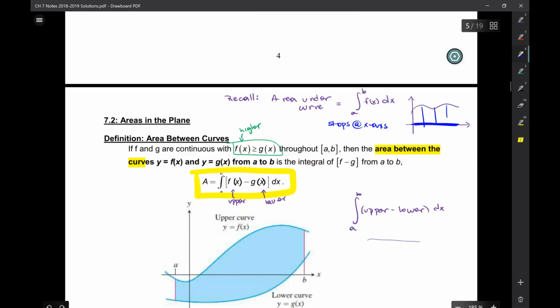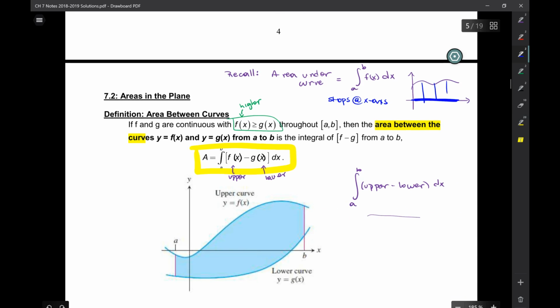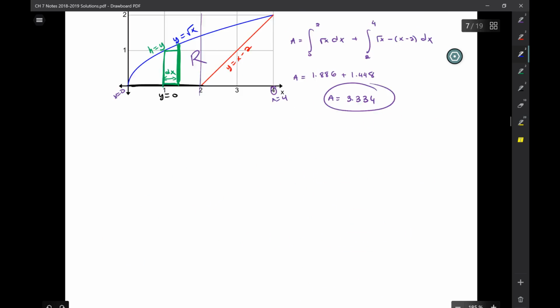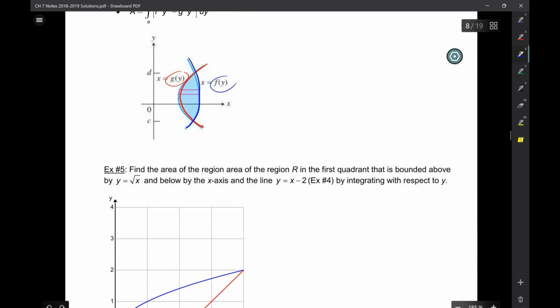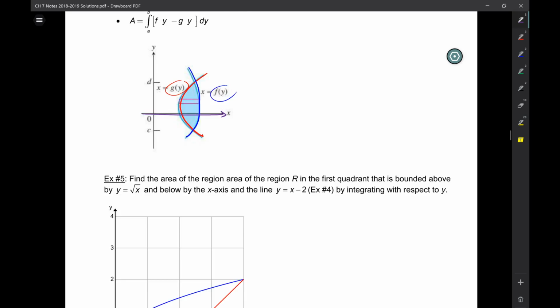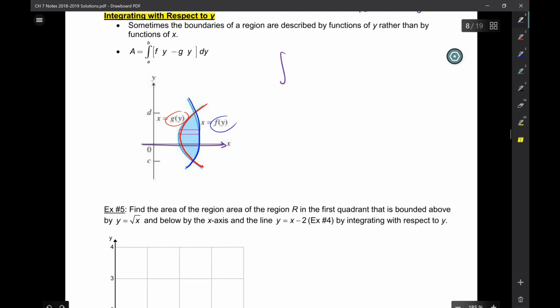If before our larger function was the upper curve, why was it the upper curve? Because if I'm looking this way, these are the bigger numbers and the smaller numbers are down here, correct? Well, now if I'm looking along the x-axis, where are the bigger numbers? To the right. So now when I integrate, I'm going to integrate the function to the right minus the function to the left.